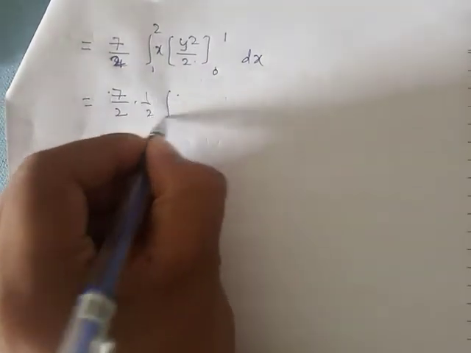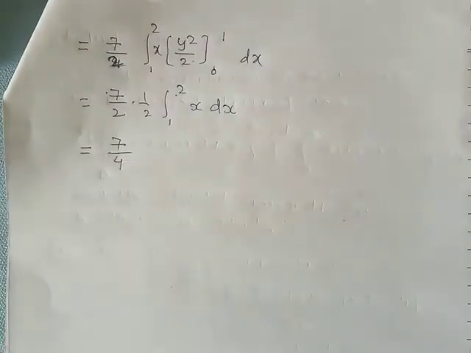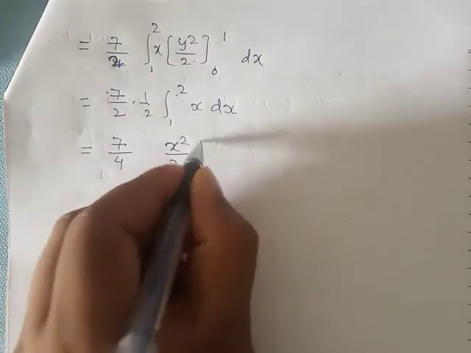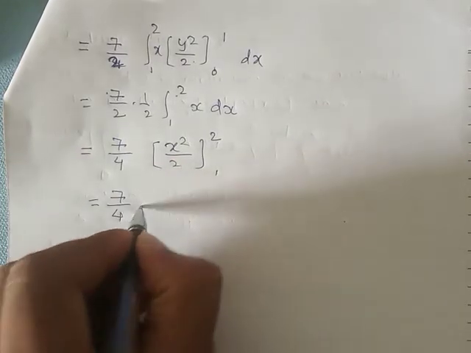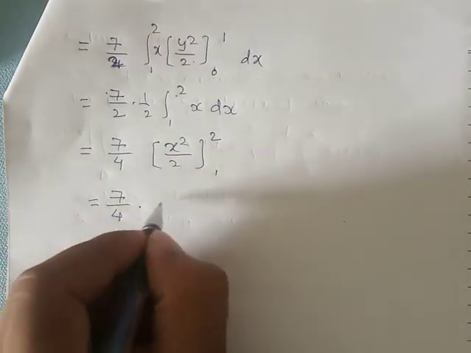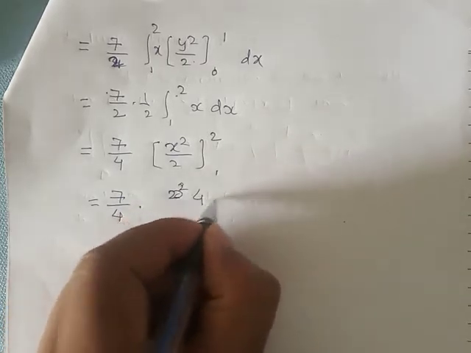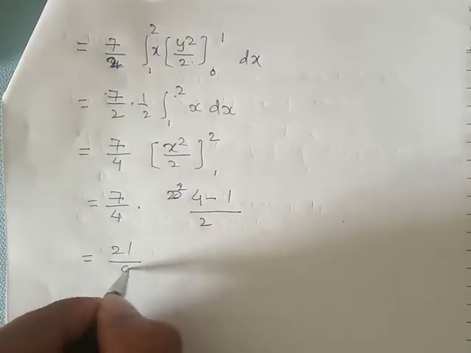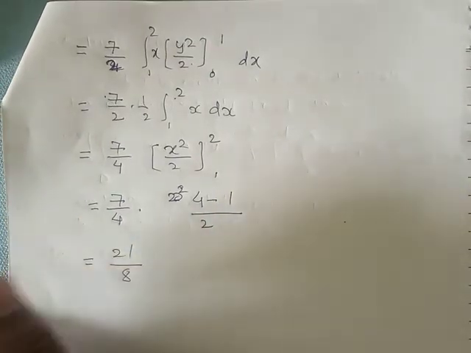So 7 by 4, integration 1 to 2, x dx. Now the integration of this is x square upon 2, from 1 to 2, times 7 by 4, and if we solve this we get 2 square, that is 4 minus 1, divided by 2, that is 21 upon 8. So the value of the given integral is 21 upon 8.